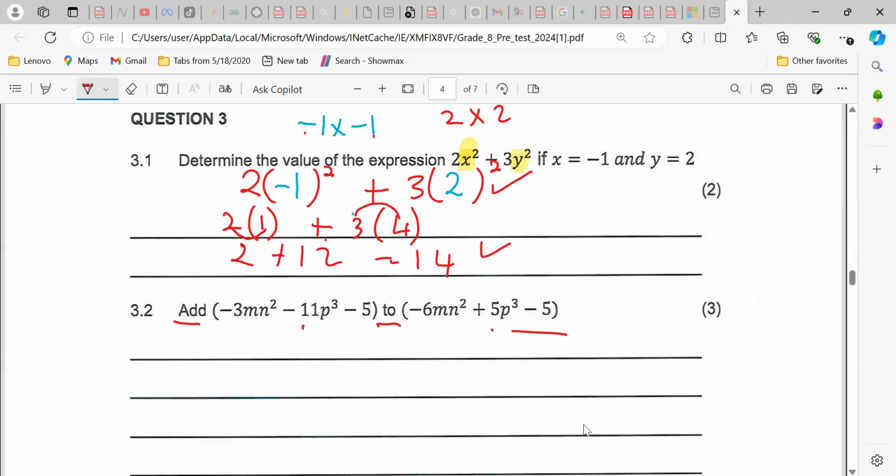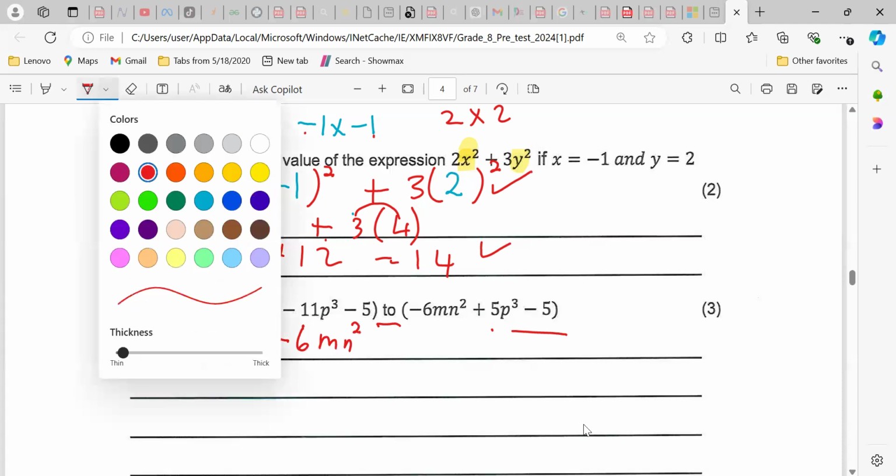So you're going to check here. Do you have like terms? Yes. I'm going to group the like terms together. What are your like terms that you have? So we have -3m squared. It goes with who? 6. So it's -6m squared. We're done with that one.